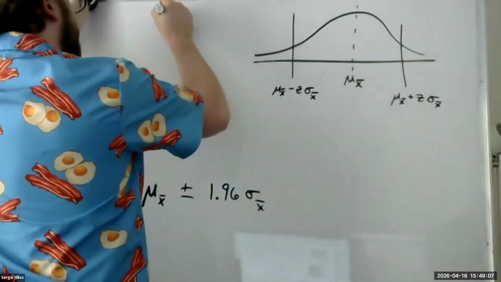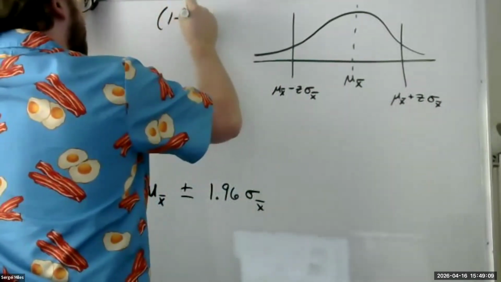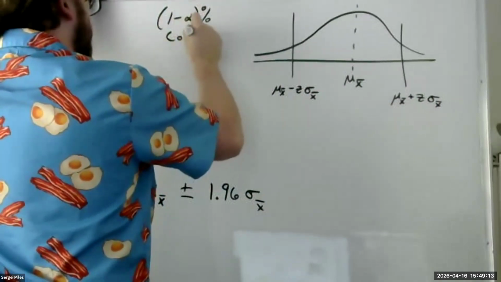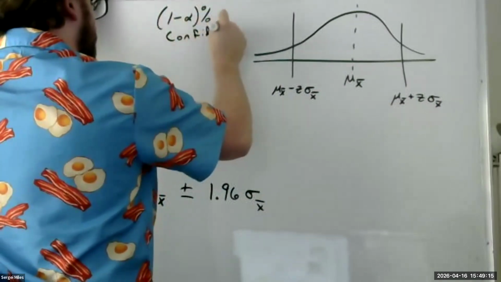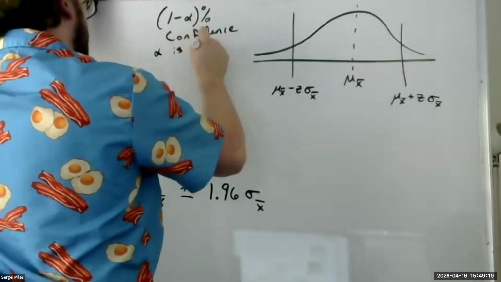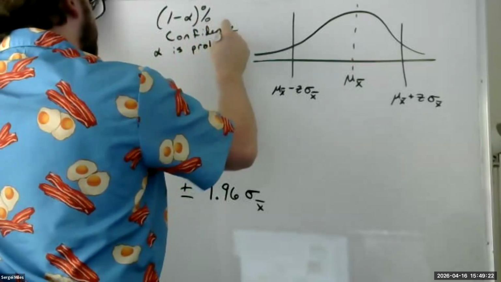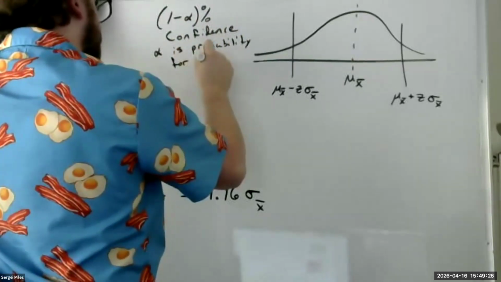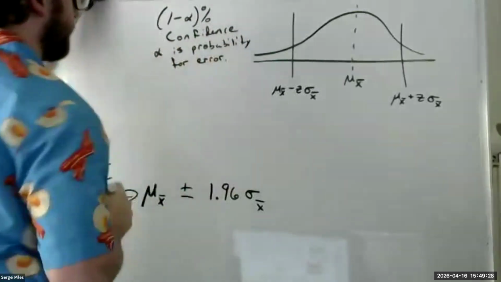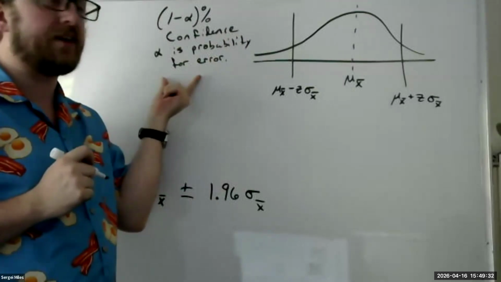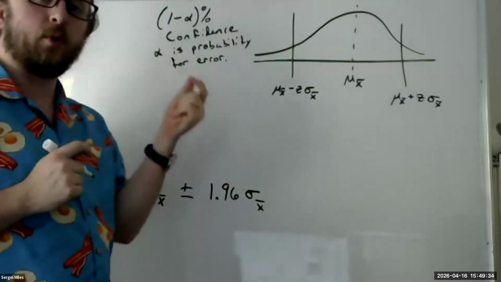If I'm going to have, and I'm going to write it this way, 1 minus alpha percent confidence, where alpha is the probability for error. So look at how this works here. When we had 95% confidence, then alpha was 0.05.